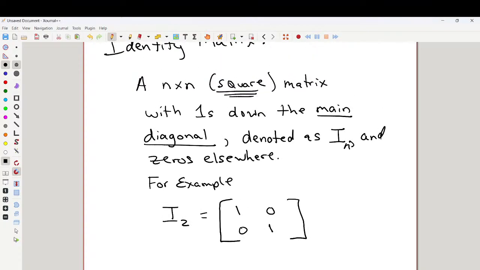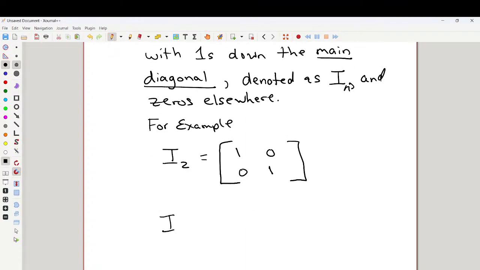We use I sub n to represent the identity matrix, where n is the size of the square matrix. So for instance, I sub 2 is the identity matrix with 2 rows, 2 columns. Therefore, it has ones here and zeros everywhere else. And I sub 3 would be a square matrix that has 3 rows, 3 columns with ones down the main diagonal and zeros everywhere else.